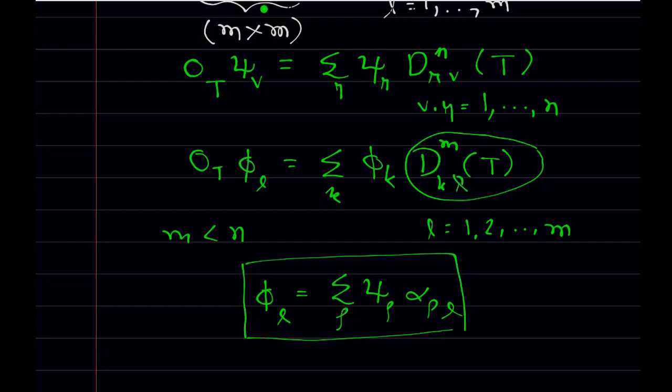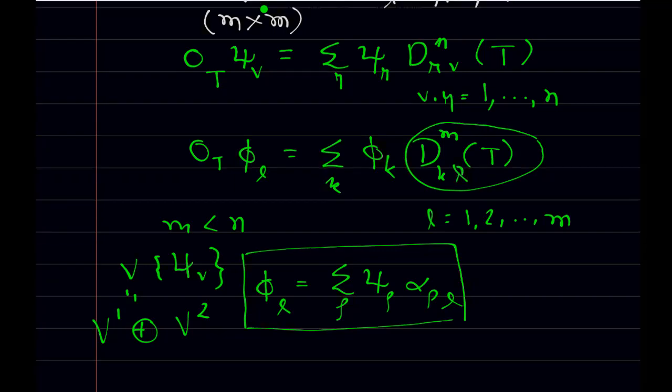Because you see, when you have a bigger vector space and you say that the bigger vector space has two subspaces, V1 and another subspace V2, then say the basis psi of nu is the basis when you are in the big space, and phi of L is the basis when you are in one of the subspaces.